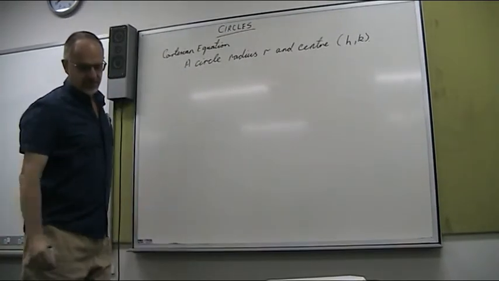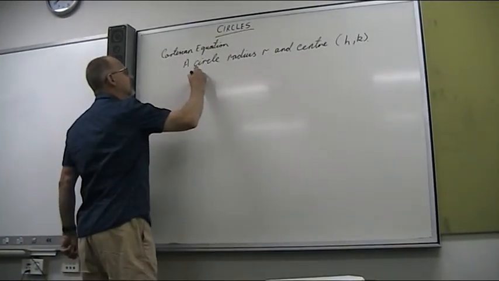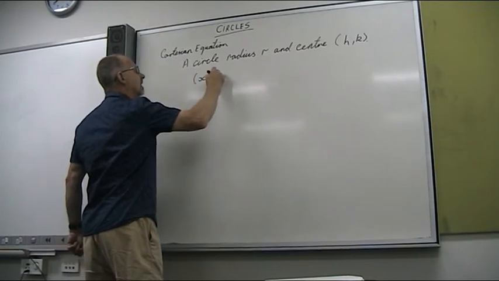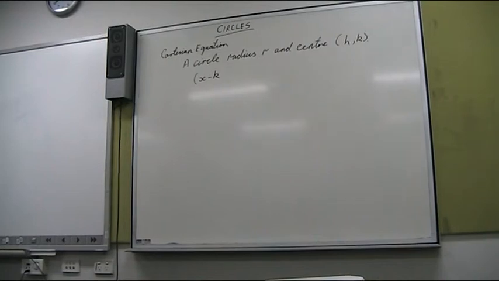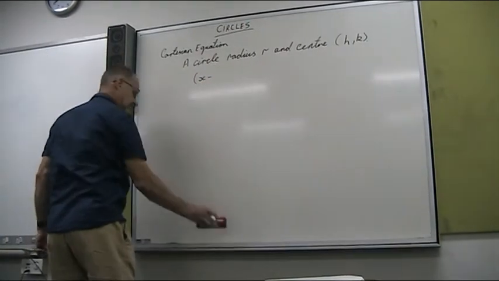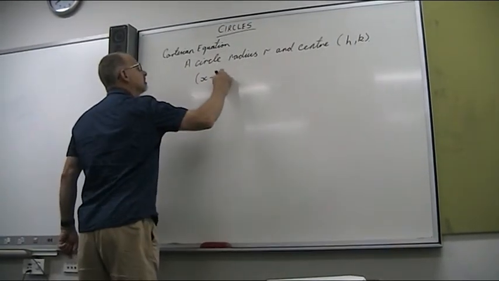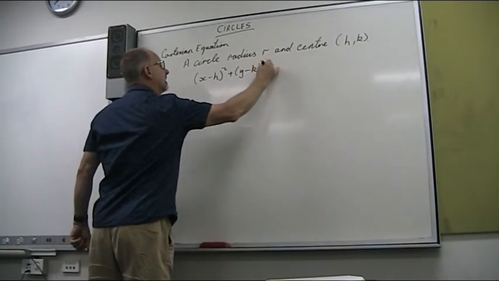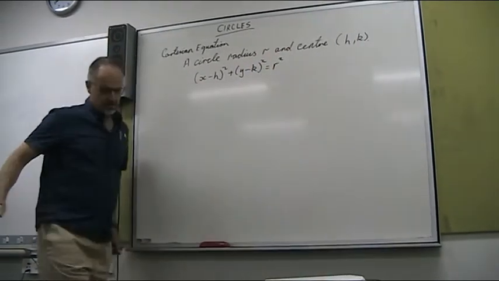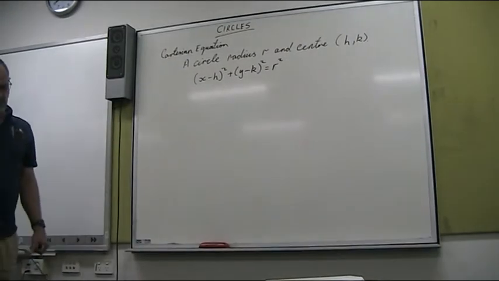The Cartesian equation is x minus h squared plus y minus k squared equals the radius squared.